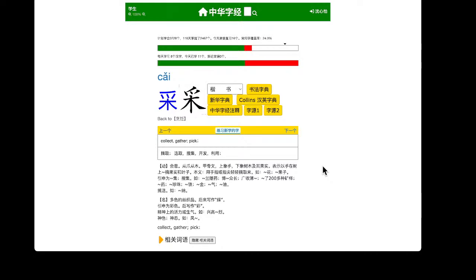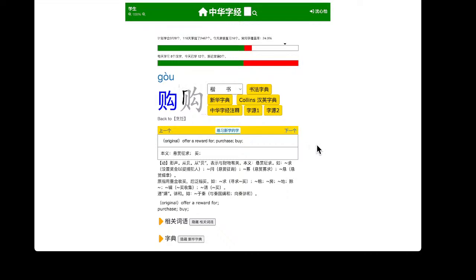And like 博采众长, that's an idiom. That means you learn from people who are better than you. Okay, this is called 博采众长. Okay, so this is 采.